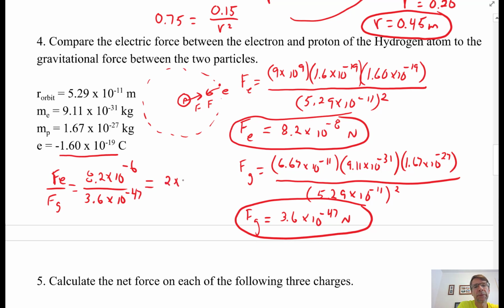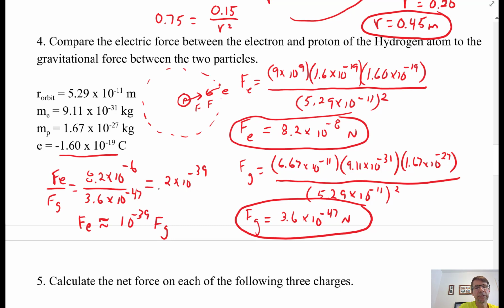That's the ratio of Fe to Fg, which means that Fe, the electrical force, is basically, forget the 2, 10 to the negative 39th times the force of gravity.